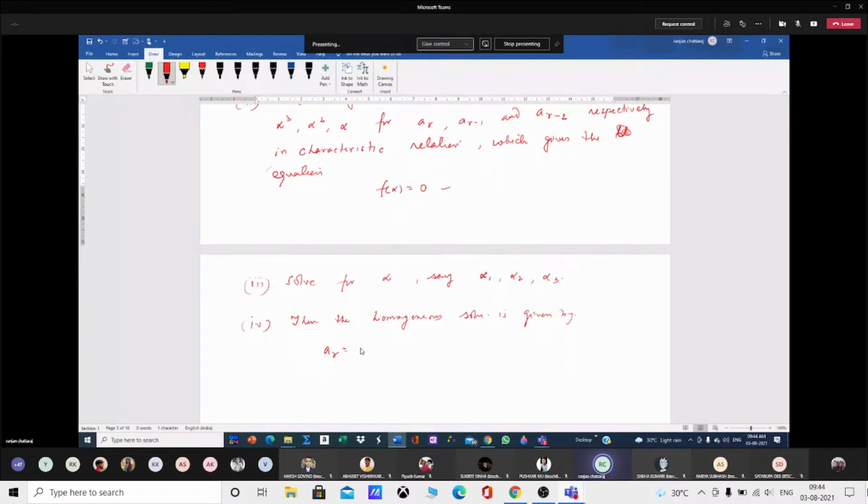So this would be A_r equals A1 alpha 1^r plus A2 alpha 2^r plus A3 alpha 3^r. I'm considering only 3. So if alpha_i are distinct, i that means 1 to 3.